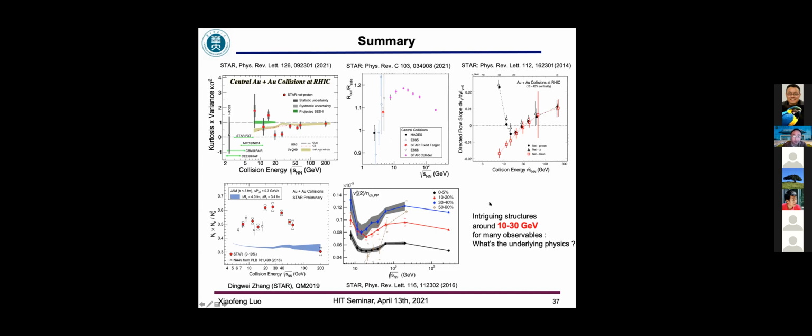It is difficult to think that all those structures at a similar energy range come from different physics contributions. So we think that they come from some common physics, because they are all related to the fireball dynamical evolution and the correlation and fluctuation of the system. It will be interesting if we have more precise measurements in the coming BES-2.